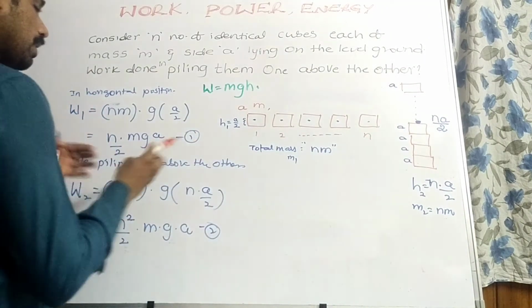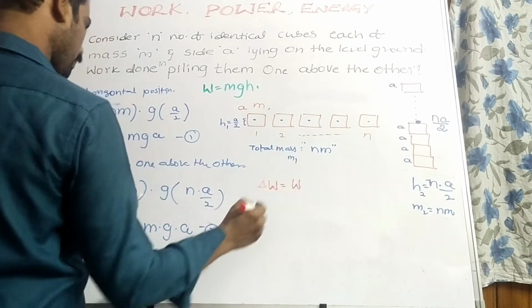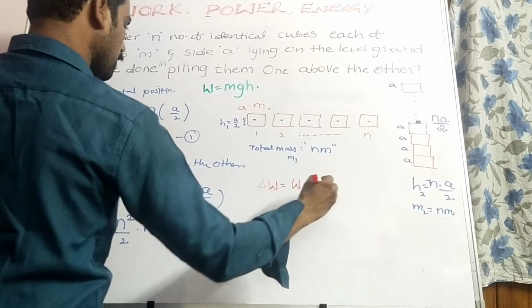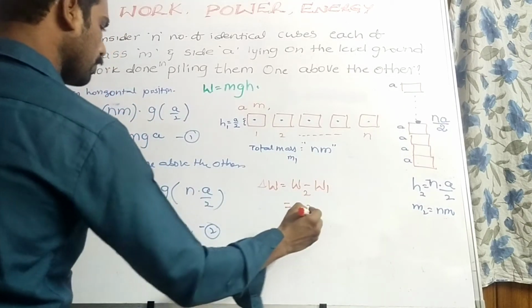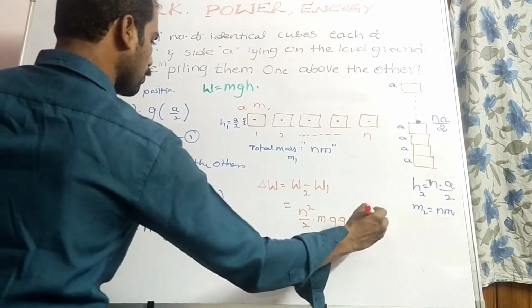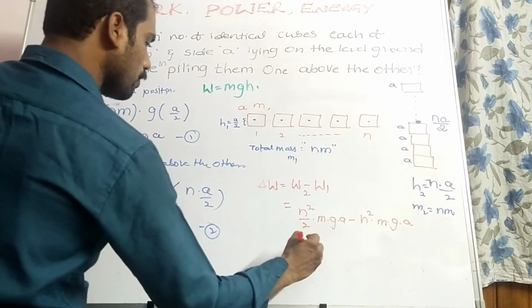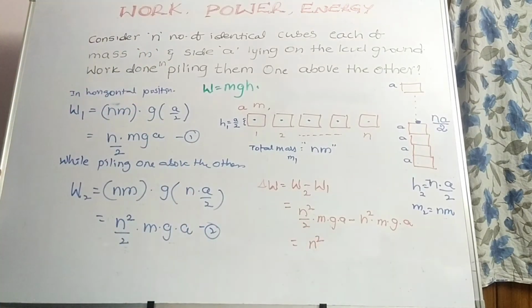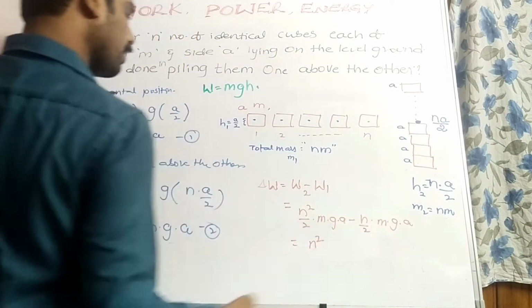So here delta W is equal to W2 minus W1. We have n square by 2 into mga minus n by 2 into mga.